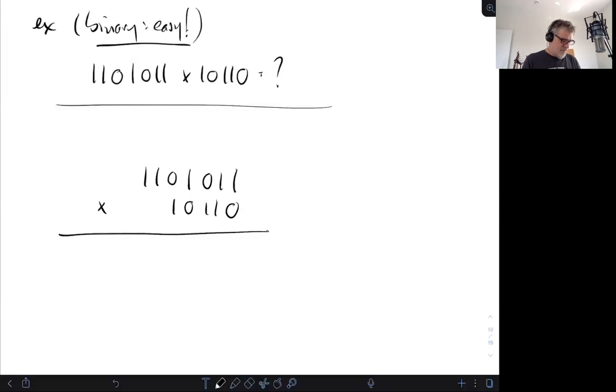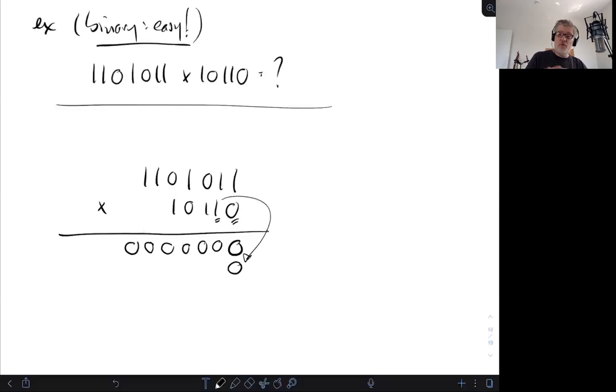So what's the algorithm? I start with this first bit and multiply this bit times the top number. What will I get? 0, right? We can write it out if we want, but it's just going to be a bunch of zeros. So that's when you multiply with this 0. I move on to the next. Now I have to put a 0 here, right?